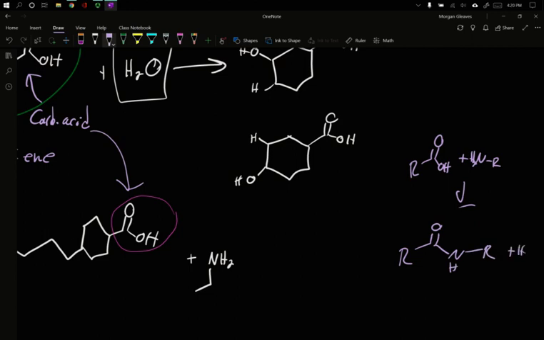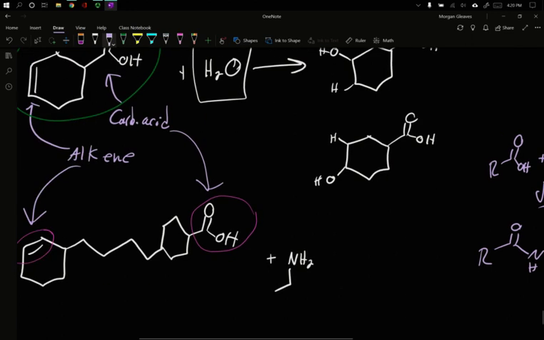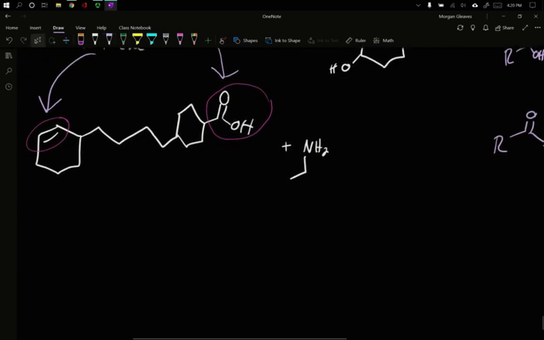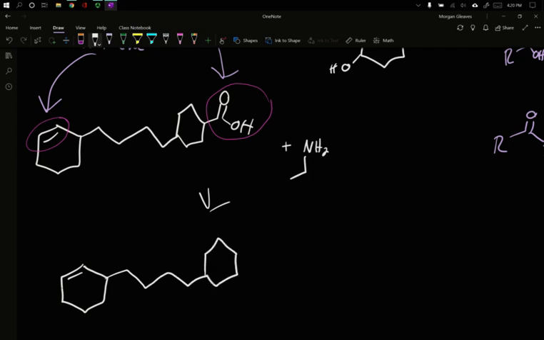And water. So there's a reaction here that can occur between our carboxylic acid and the amine. And so what will this molecule look like after it reacts? Well, all the parts that didn't react will be left alone. And the parts that did react will look like whatever their new form is.